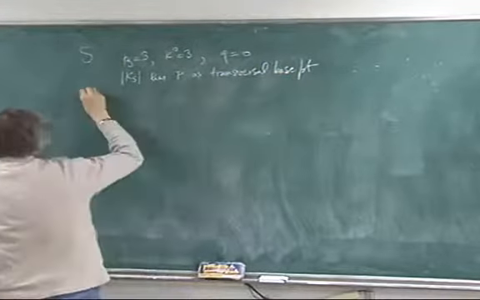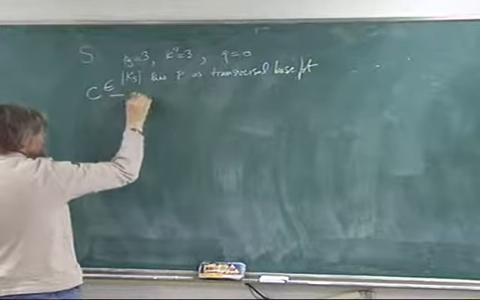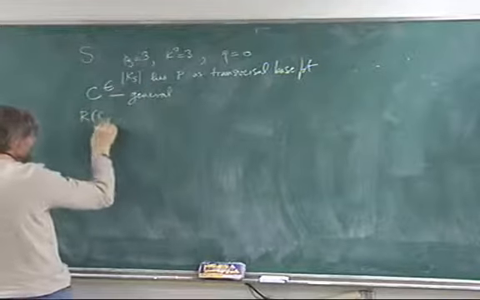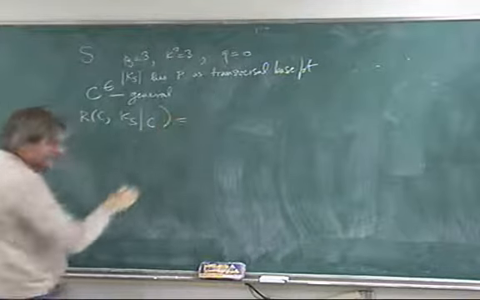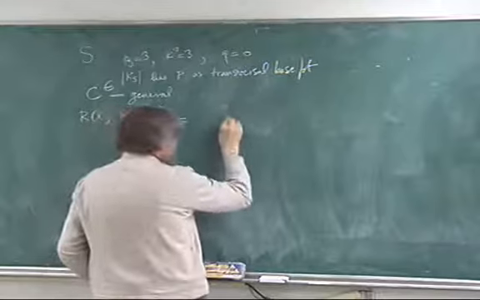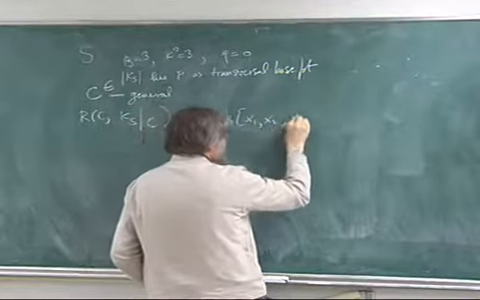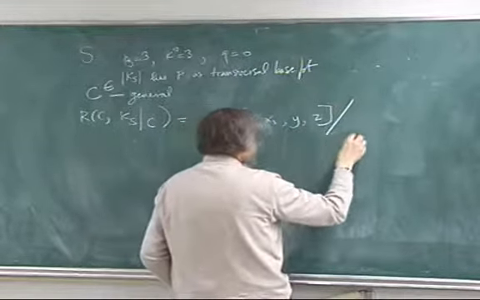And I discovered that if I take C in CS, a general guy, and calculate R, C, Ks restricted to C, that I get a ring which is K of x1, x2, y, and z with two relations.